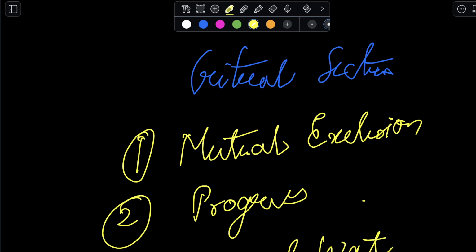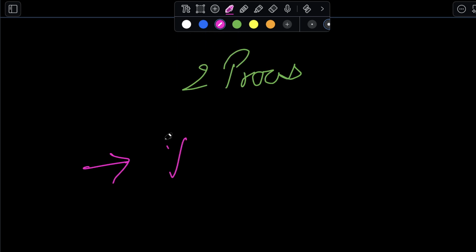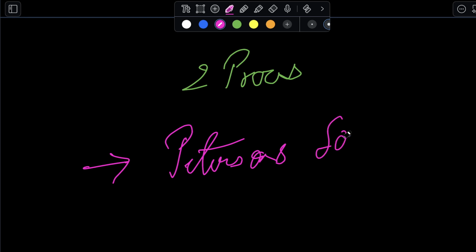So the first scenario that we study is when we only have two processes. For two processes, we perfectly have a solution, and that solution is nothing but Peterson's solution, right?